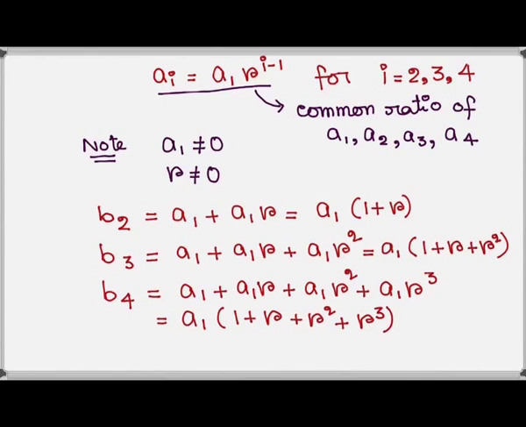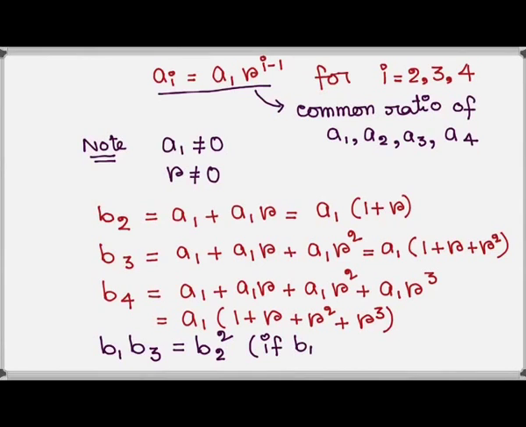Now, if B1, B2, B3 and B4 are in a geometric progression, then we must have B1 into B3 is equal to B2 square. Let me write it here.